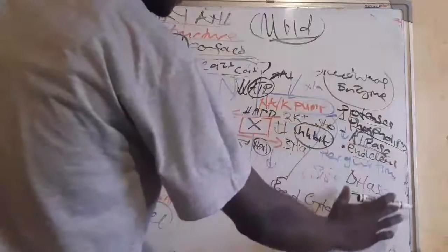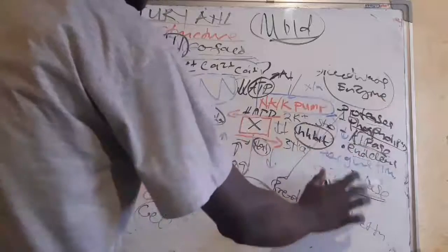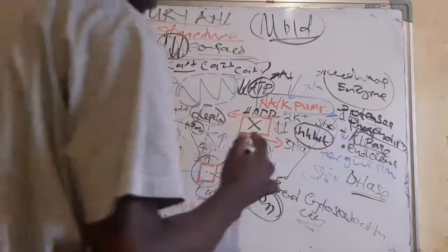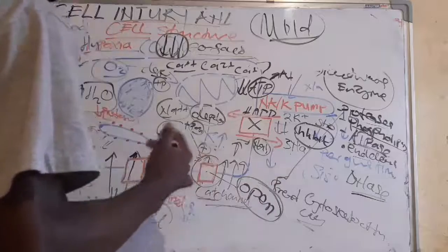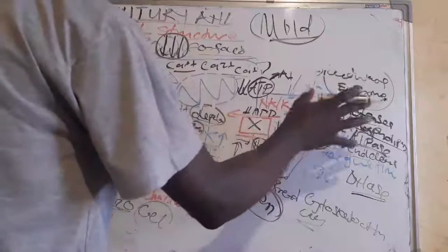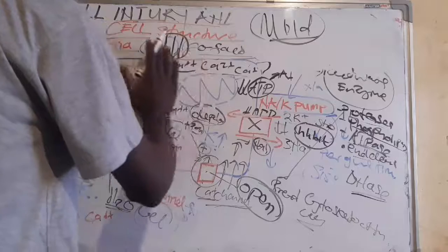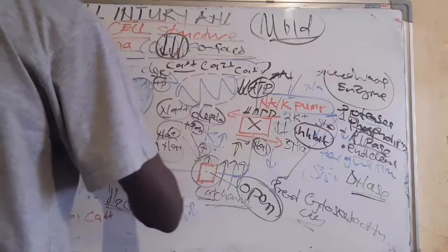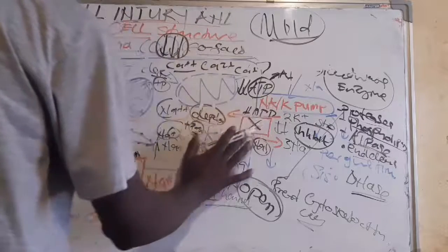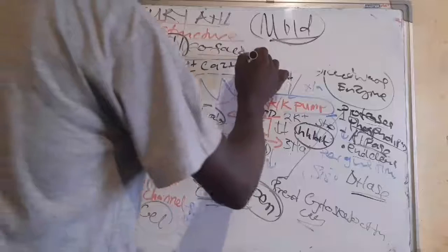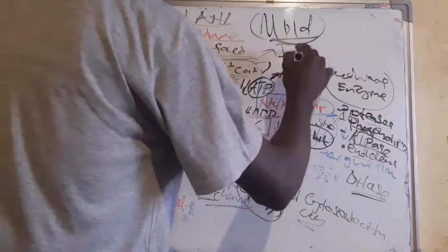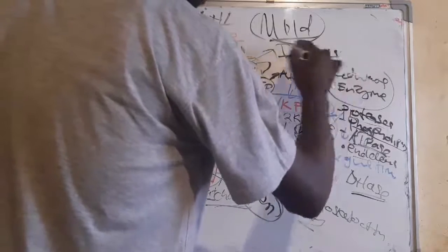As it enters, it will activate these proteins, the proteases, like phospholipases and the nucleases. These enzymes are activated, and they cause severe damage to the cell. As it causes severe damage to the cell, this leads to irreversible cell injury.